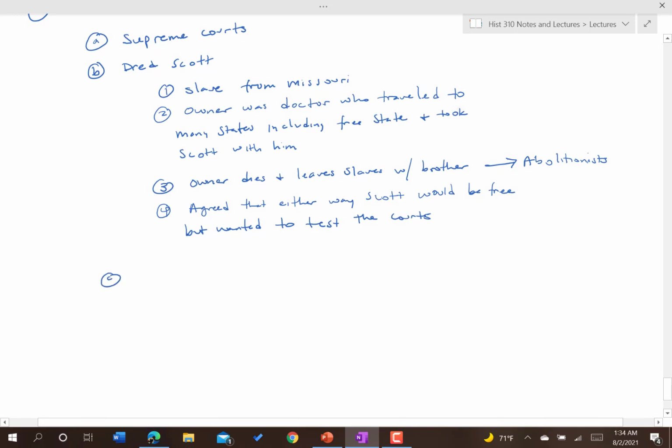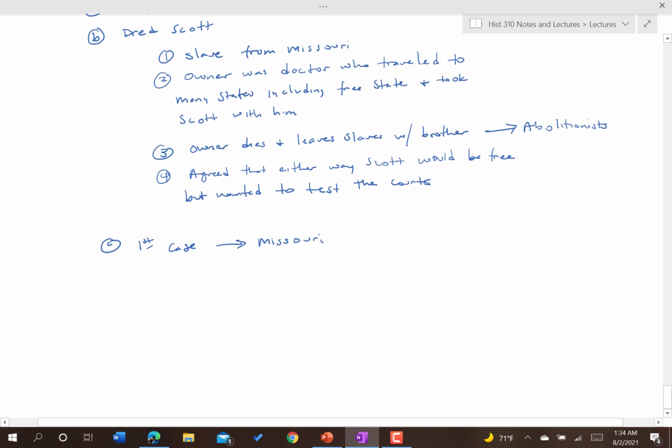The first case took place in Missouri. They took it to the Supreme Court in Missouri and sued for his freedom on the grounds of residence in a free state.